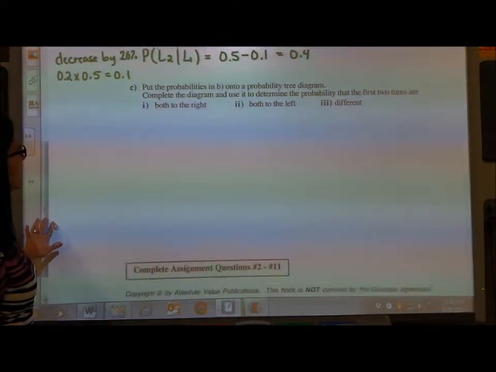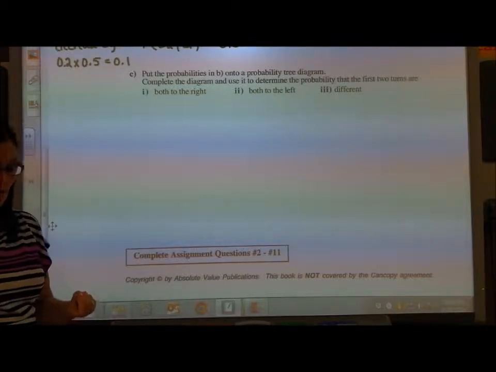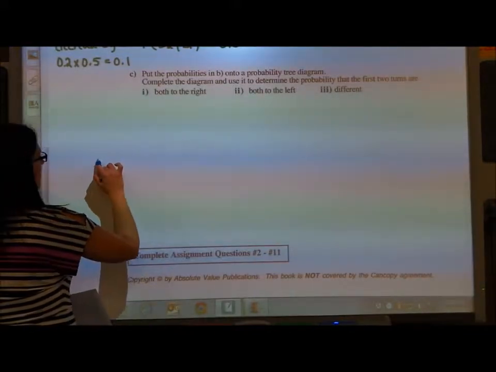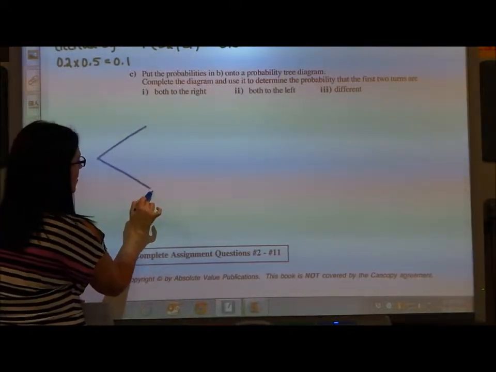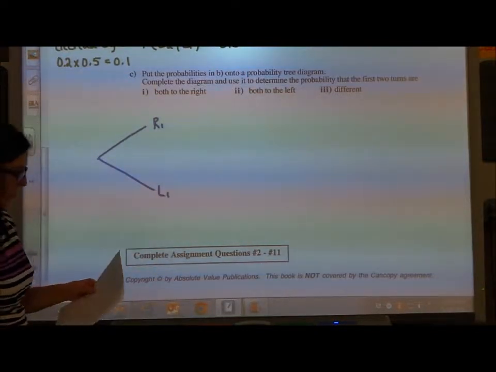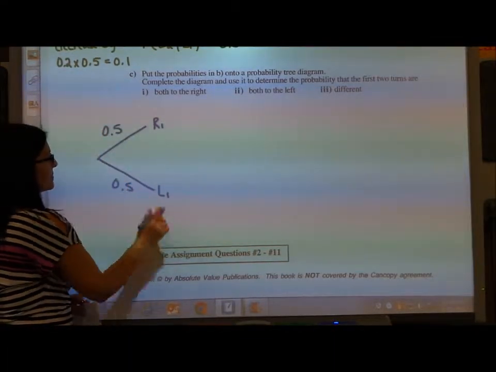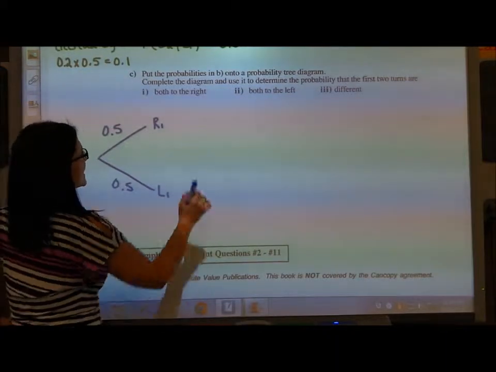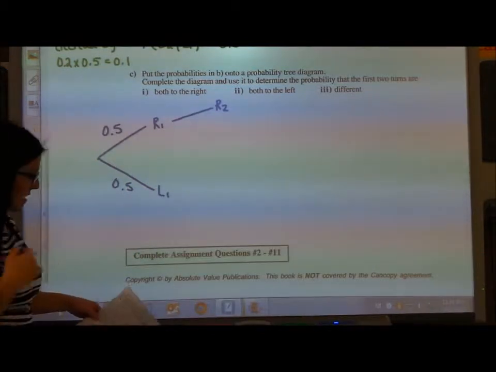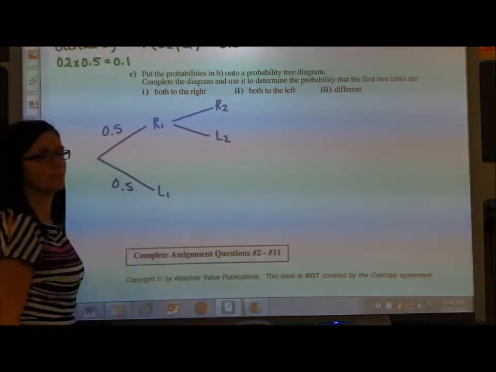In part C, we're asked to put the probabilities onto a tree diagram and then complete the tree diagram. So we start off with the first outcome. Either the mouse is going to turn to the right or it's going to turn to the left. The probability of each is 0.5. Then I have the second turn. This is the probability that it turns to the right versus the probability that it would turn to the left.